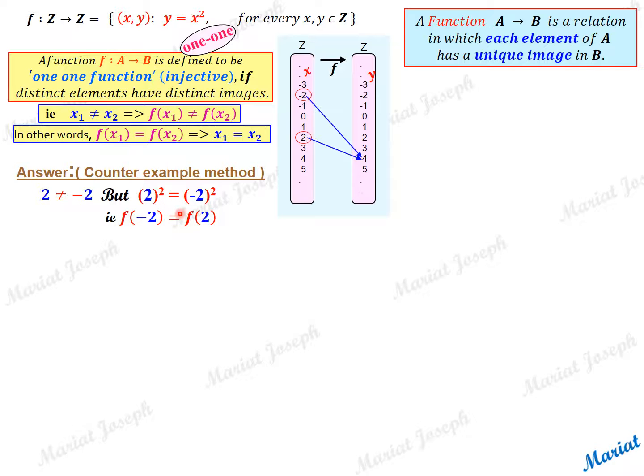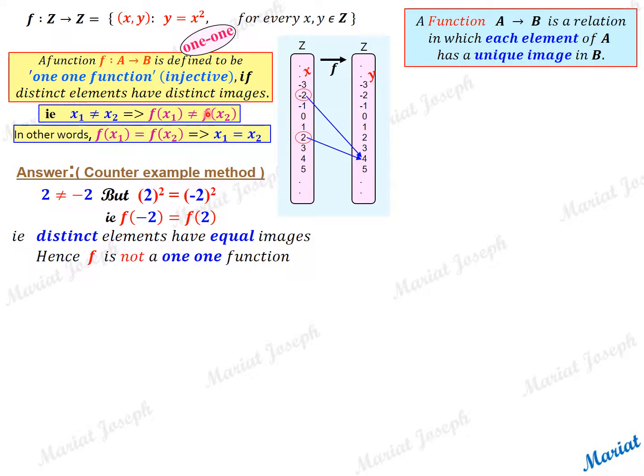That means f of -2 and f of 2 are equal. So we got distinct elements have equal images. Distinct elements should have distinct images for it to be called a one-one function. Hence, this function is not a one-one function.